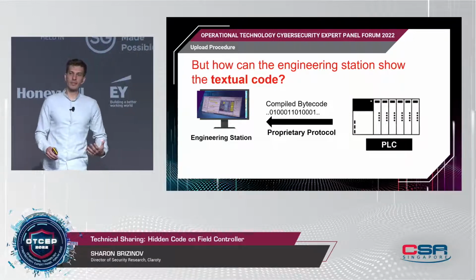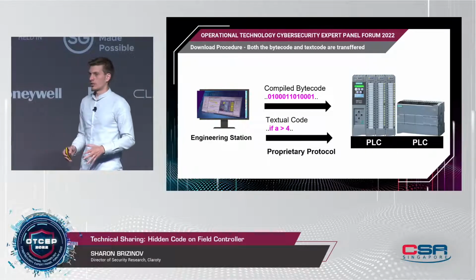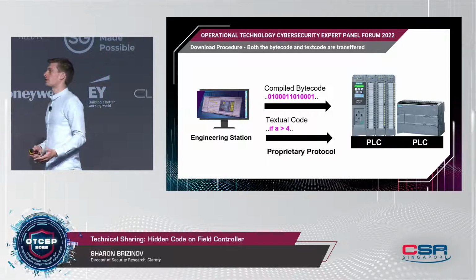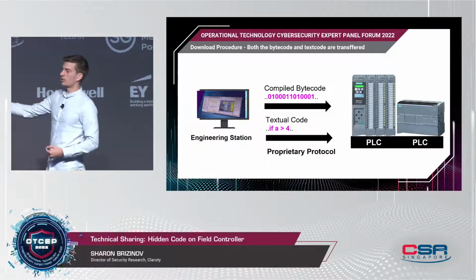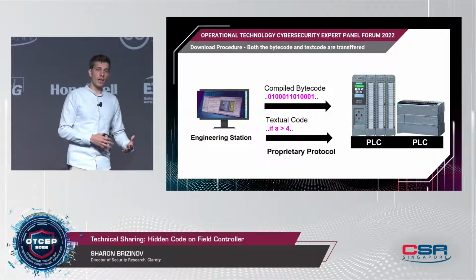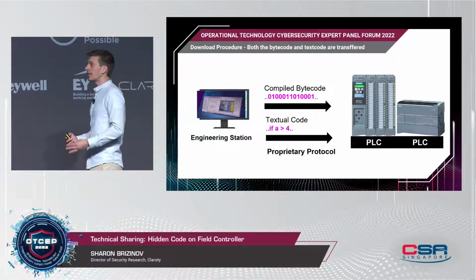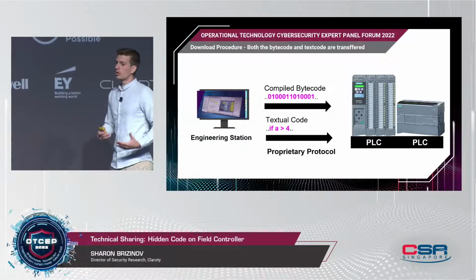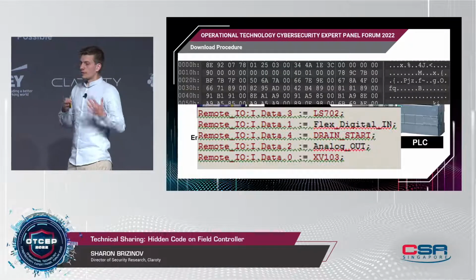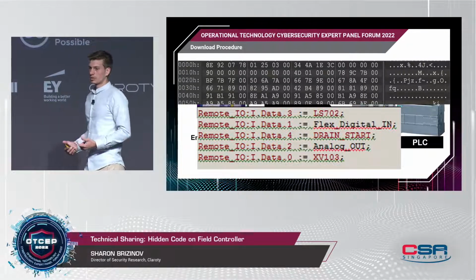And to do that, we need to change our minds about the download procedure. The download procedure, as I said previously, transfers the bytecode to the PLC. But with the bytecode, we're actually transferring some other data objects like metadata, configuration settings, and the text code. The textual code is the actual code that we're writing, the plain text code, to the PLC.